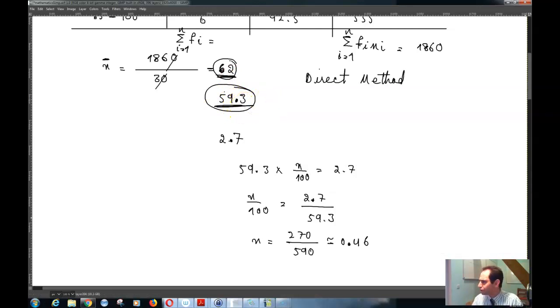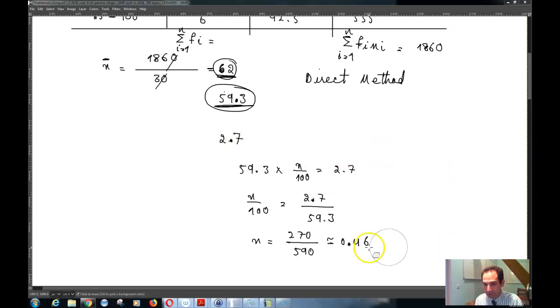So that is that. Now sometimes when the numerical values of x_i and f_i are large, finding the product of x_i and f_i becomes tedious and time consuming. So for such situations, let's think of a method of reducing these calculations.